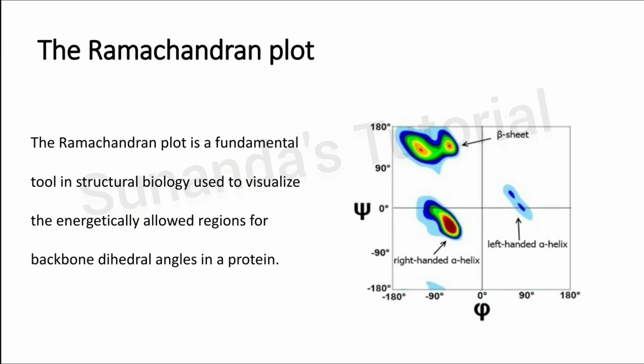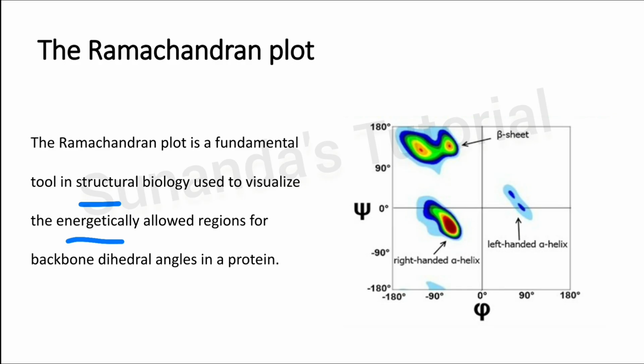Now about the Ramachandran plot. Actually, it should be studied after protein structure, but I will tell you now. The Ramachandran plot is a fundamental tool in structural biology used to visualize energetically allowed regions for backbone dihedral angles in a protein.